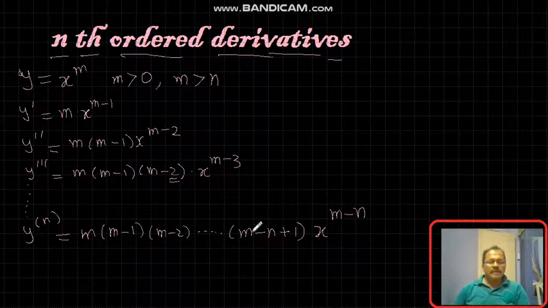Here m minus n plus 1 is 1 smaller than this number.